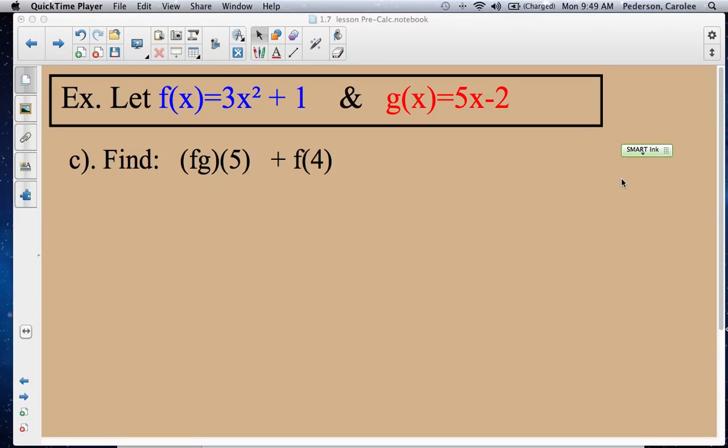We're giving you two functions, f of x and g of x. And we want you to find f times g of 5, plus f of 4. I do want you to follow along with this problem, write it in your notes.